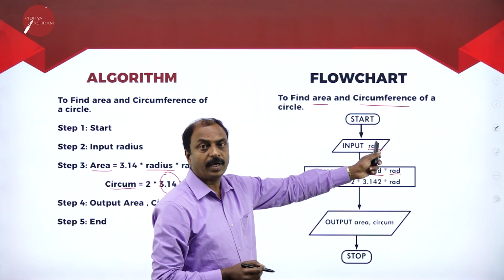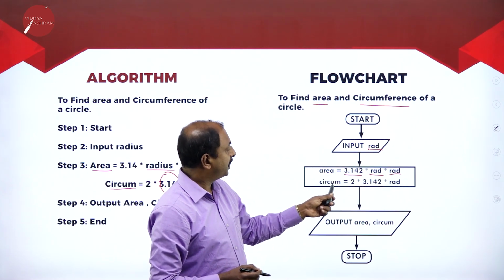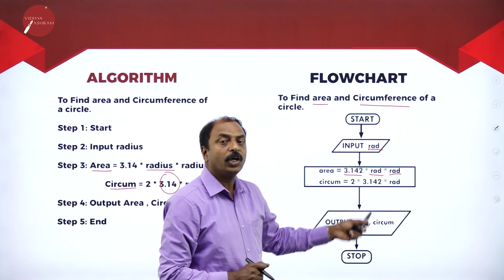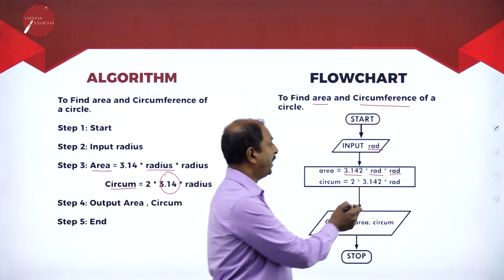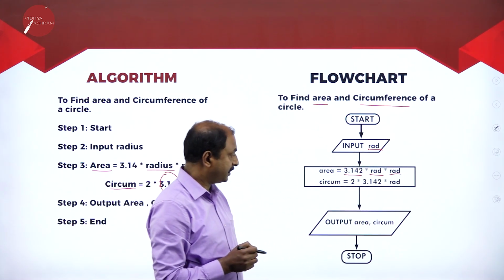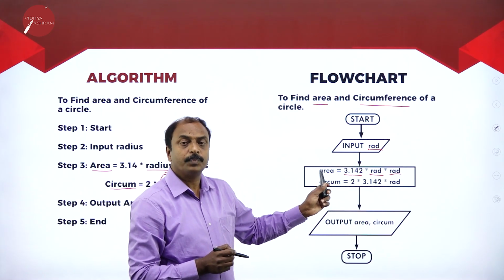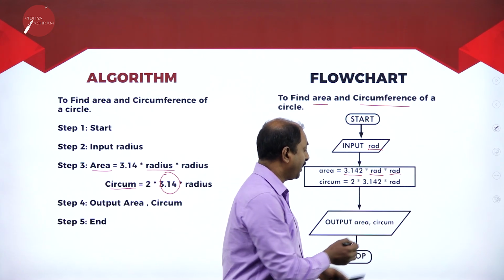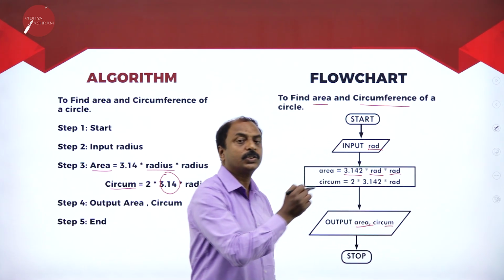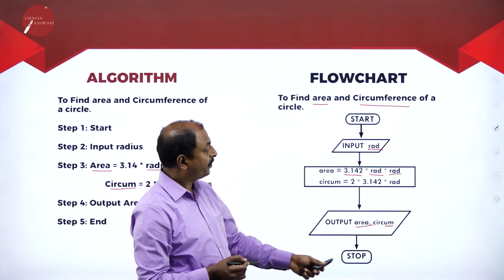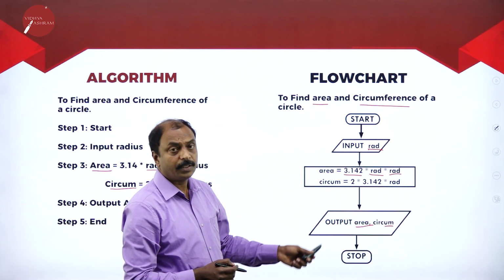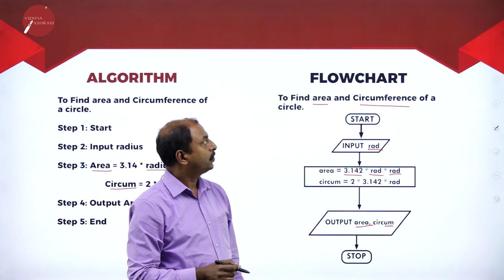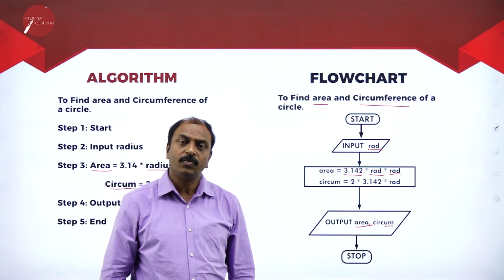Then for circumference, the formula is 2 pi r: 2 multiplied by pi, where the value of pi is 3.14, multiplied by the radius. So this is the calculation or process. Then at the end, we have to print the result, the output: area and circumference of a circle. Then we stop at this stage. So this is the flow chart to find the area and circumference of a circle.